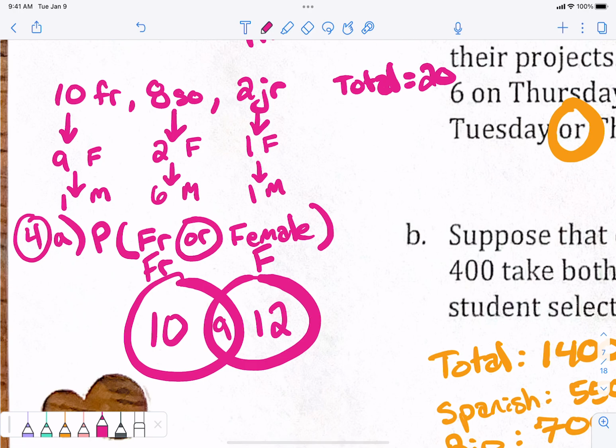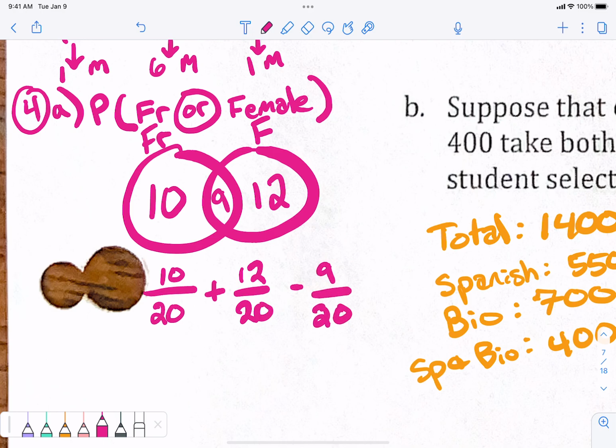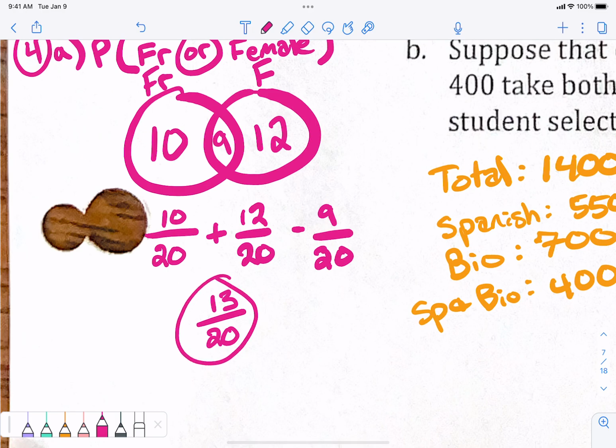So, to do that, we do 10 out of 20 plus the 12 out of 20, and then subtract the 9 in the middle. Does this make sense? Yes, yes. So 10 plus 12 is 22 minus 9 is, Remington says, 13, and I believe him.